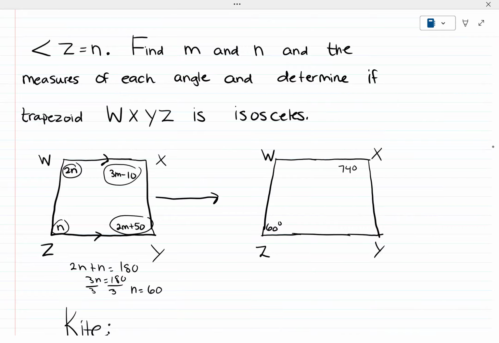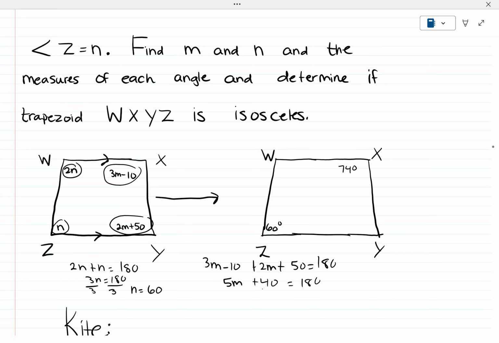And then over here, if you add up these two angles, you get 3n minus 10 plus 2n plus 50 equals 180. Will that help? 3n plus 2n is 5n, and then 50 minus 10 is 40, equals 180.